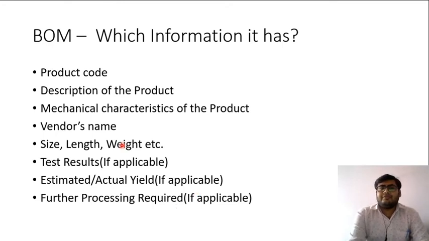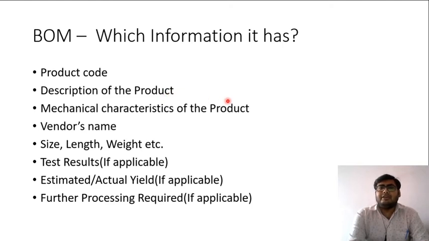Now, which information is useful for us from the bill of material? Let's say we have a bill of material, then what can we derive from it? From the bill of material we can identify what to order, because it gives us the different parts of the product.